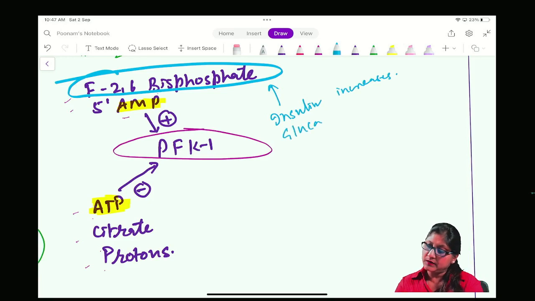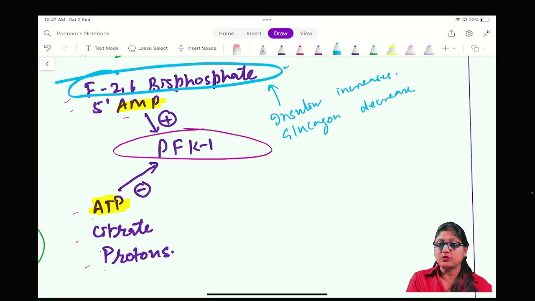On the other hand, the hypoglycemic hormone glucagon decreases its level in the cytosol. So in hypoglycemia, when the person is not eating anything, the liver would not want to go for glycolysis, because the glucose level is so low in the blood, and anyway glucokinase is not going to be that active.